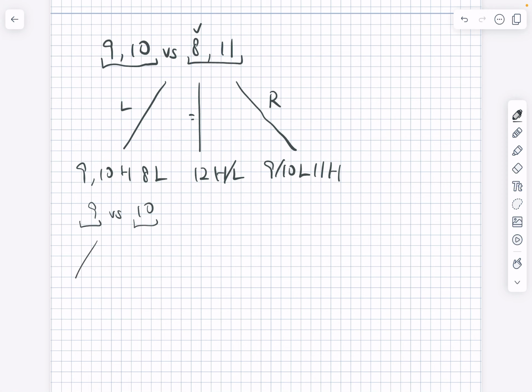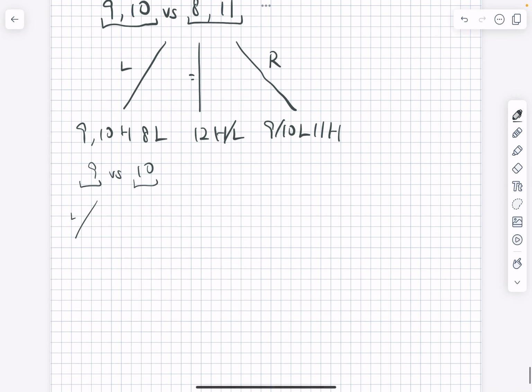If the left side is heavier, that means 9 is the heavier ball. If these two are equal, that means they're both not defective, which means 8 is defective. 8 is the ball we didn't measure, and 8 is a possible lighter ball, so 8 is lighter. If the right side is heavier, that means 10 is heavier. Again, with exactly 3 measurements, we're able to see which ball is heavier and which ball is lighter.